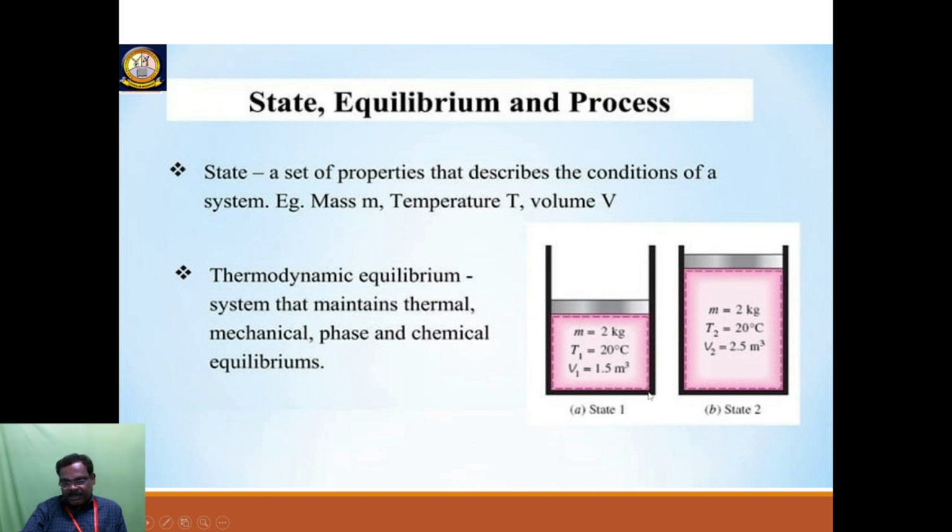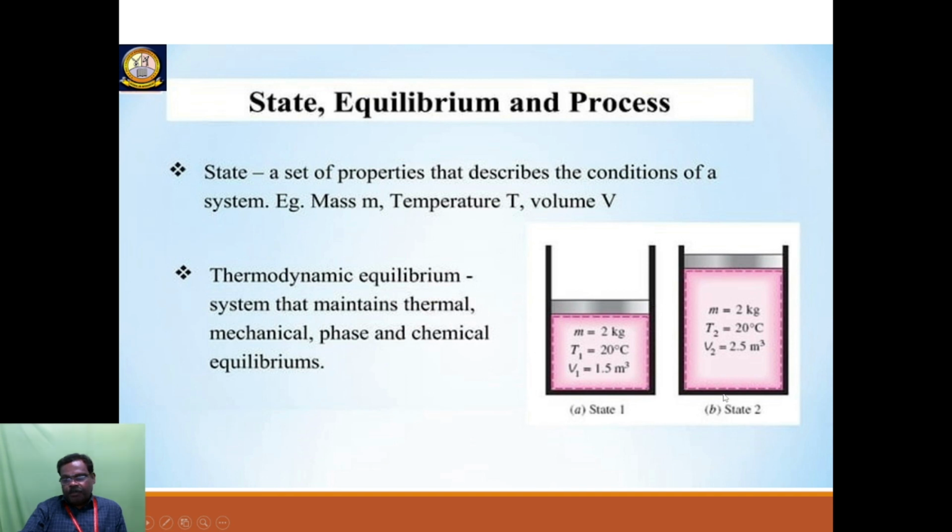Suppose you consider this system. What about the property of the system? It's a system having a mass of 2 kilogram with the temperature 20 degrees Celsius with volume 1.5 meter cube. It's state 1. Okay. So what is state? State means it's a set of properties which describes the condition of the system.